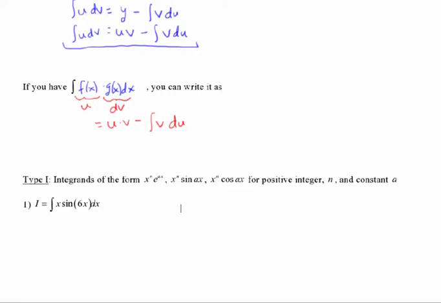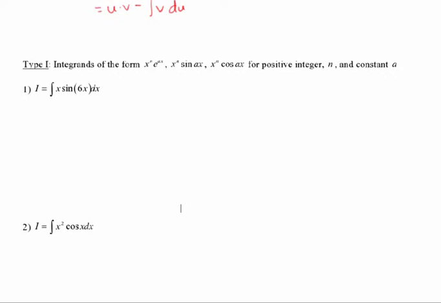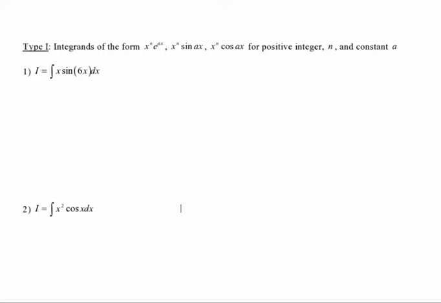So let's take a look at type 1. Integrands of the form x to the n, e to the ax, x to the n, sine of ax or cosine of ax. When we're looking at this one, we have two functions here: x and sine of 6x. Which one do we want to let u and dv be?